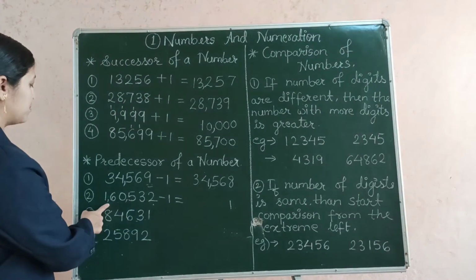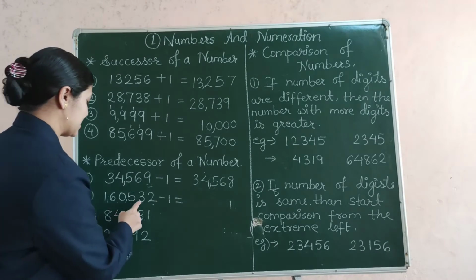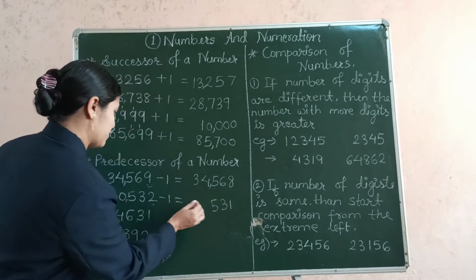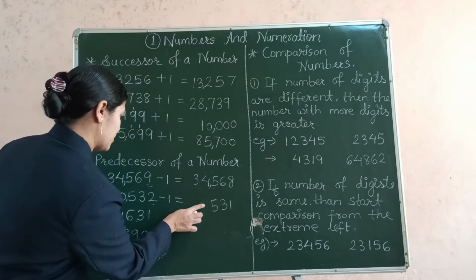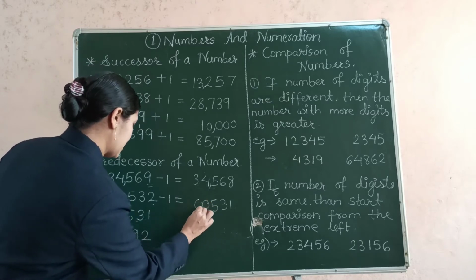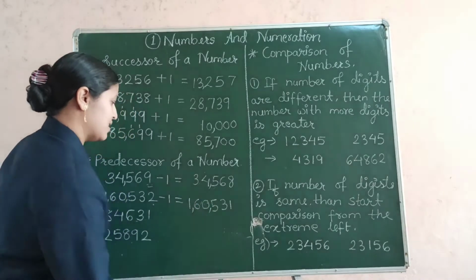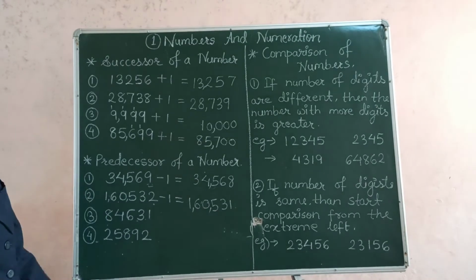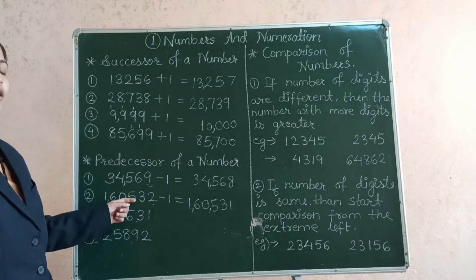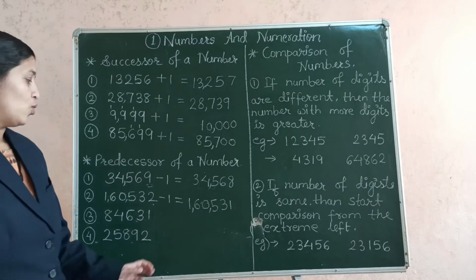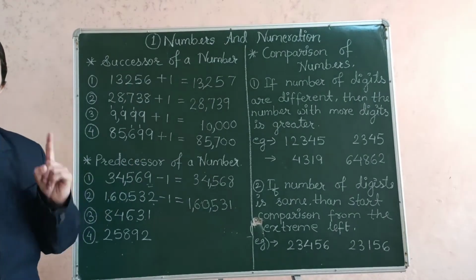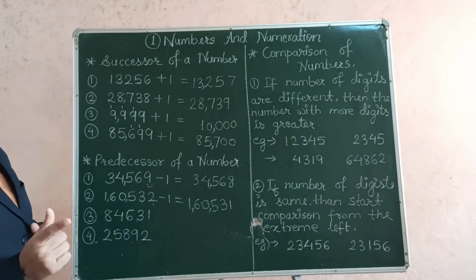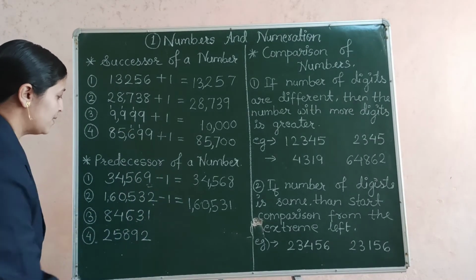Then the remaining digits have to be written as it is. 3, 5, 0, then 6 and 1. So 1,60,531 is the predecessor of 1,60,532. What did we do here? We just subtracted 1 from the given number, and we get the predecessor of the given number.